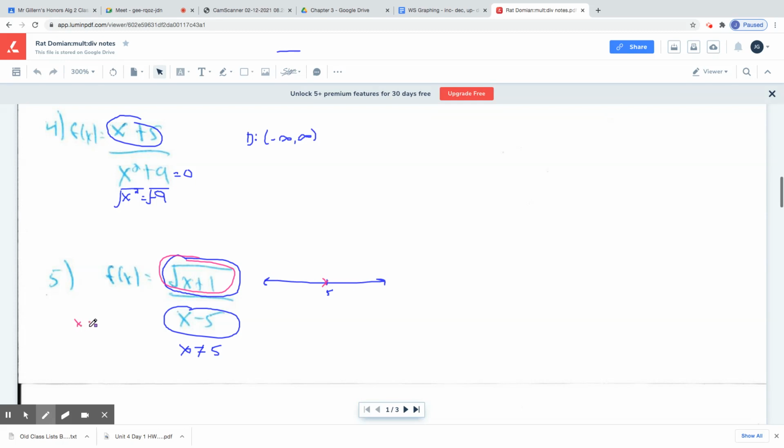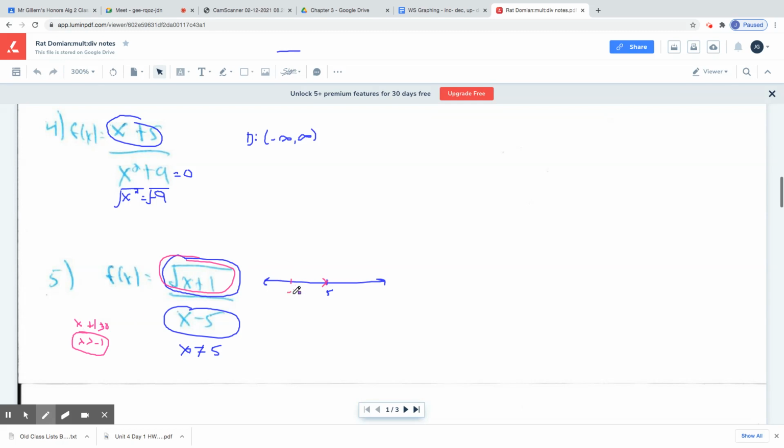So x plus 1 has to be greater than or equal to 0, which means x has to be greater than or equal to -1. -1 is okay, because if I put a -1 in there, I get the square root of 0. Square root of 0 is 0. But anything less than -1, like -2, -3, is not. So x has to be greater than or equal to -1.